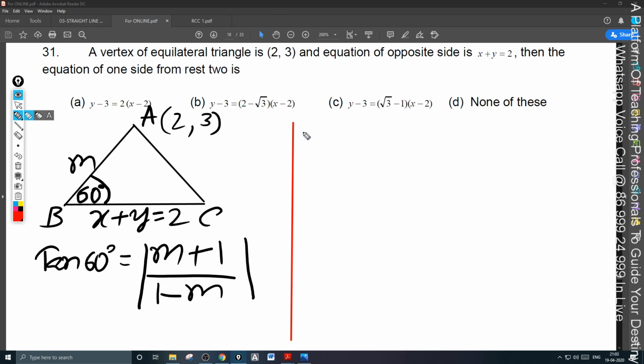So root 3 is equal to, cross multiplying that. Here also, if you get a single correct answer in the verification, you can comfortably proceed. Root 3 into 1 minus m is equal to plus or minus m plus 1.